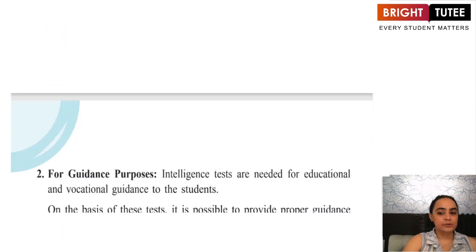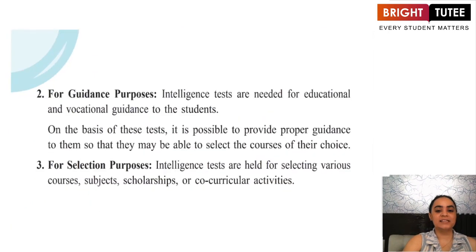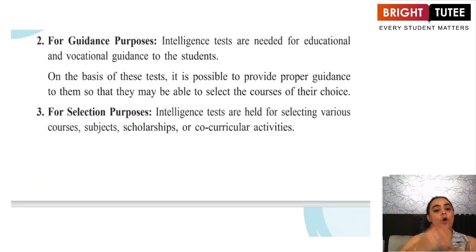The second use of these intelligence tests is for guidance. On the basis of these intelligence tests, the schools, the administrations, the counselors, the vocational guides, they connect to the students and guide them on what course they should choose in the future.